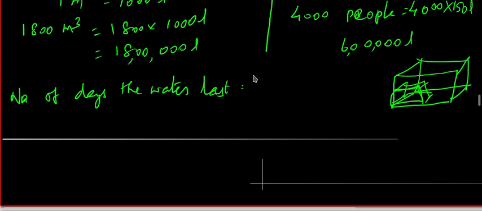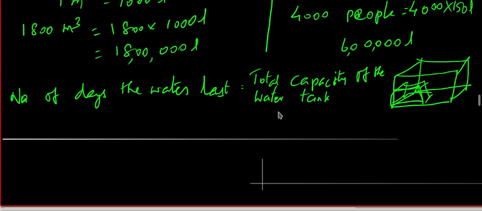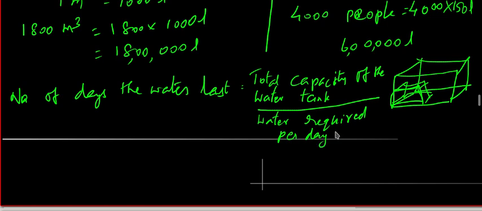Total capacity of the water tank divided by water required per day for 4000 people. Okay. So, total capacity of the water divided by water required for 4000 people per day.